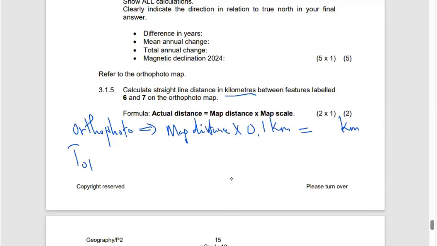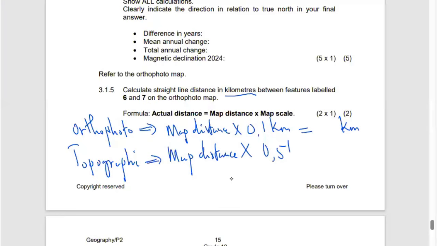If you are measuring from a topographic map, take your map distance in centimeters that you measured with the ruler and multiply it by 0.5 kilometers. The scale for the topographic map is 1:50,000. If you convert 50,000 centimeters to kilometers, it gives us 0.5 kilometers, which is half a kilometer, which is 500 meters.